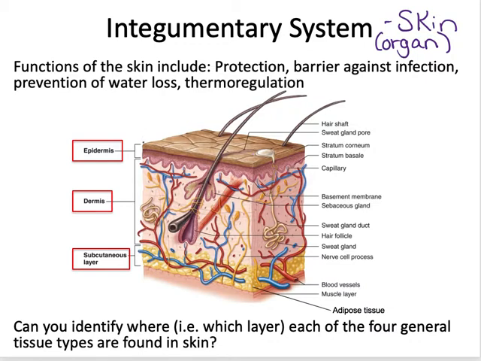So the skin consists of 3 layers, the epidermis, the dermis, and the subcutaneous layer. And in our epidermis, this is where we have our epithelial tissue. And we have a lot of connective tissue in the dermis layer. All this light pink stuff would be our loose connective tissue.